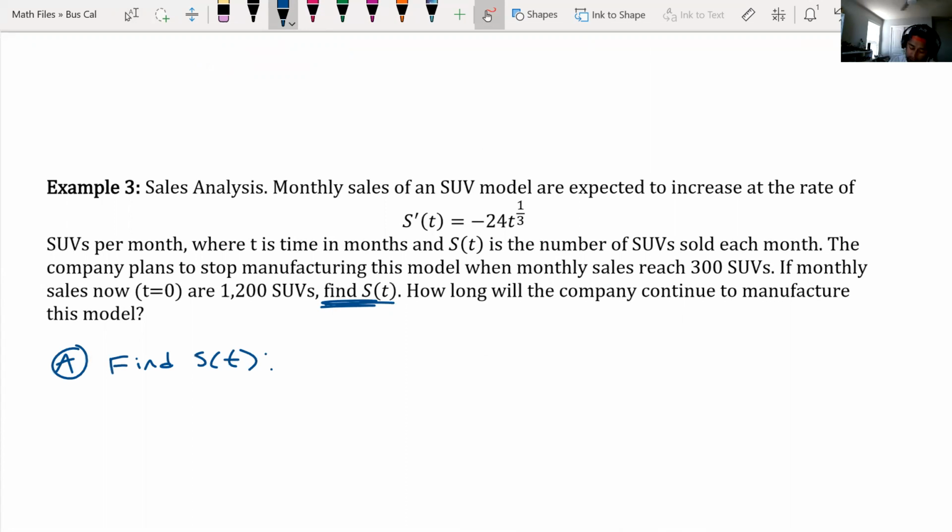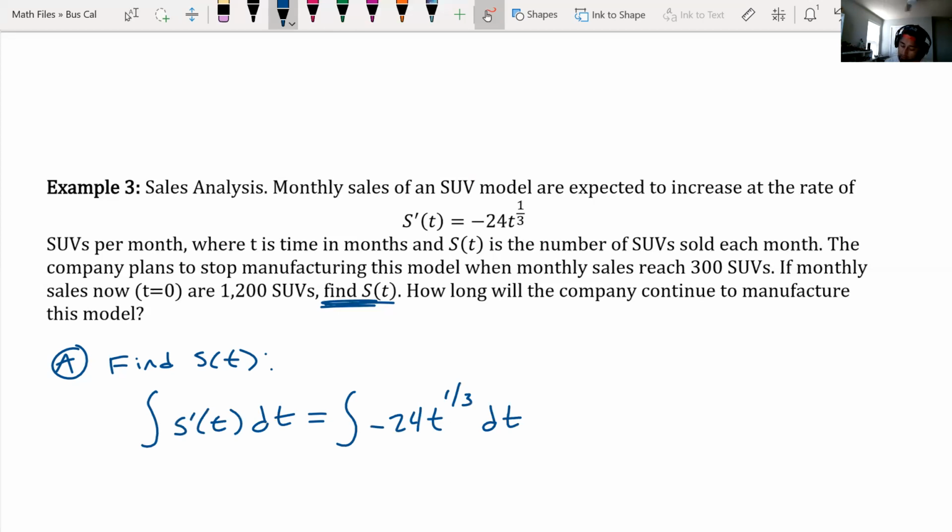So set up our integral. The integral of S prime of t dt, and now plug in S prime of t. So you get the integral of negative 24 t to the 1/3 dt. And now let's find the antiderivative.